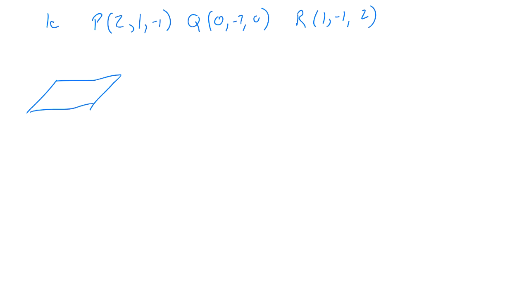The 2 ingredients that you need are a point in the plane, I'm going to call it P, and a vector n, which is perpendicular to the plane. Let's say that the vector n has components a, b, and c, and let's say that P has coordinates x naught, y naught, and z naught.